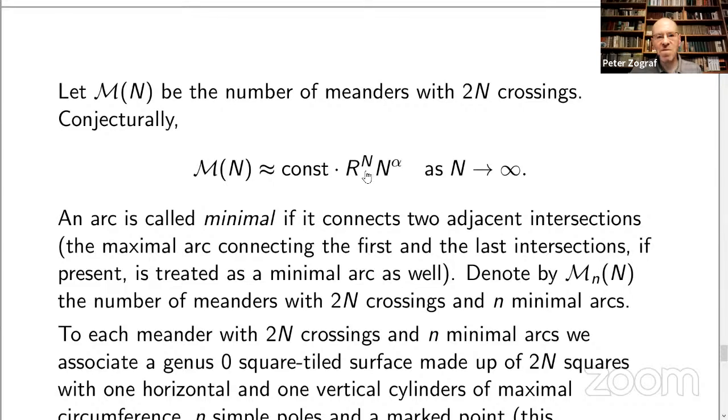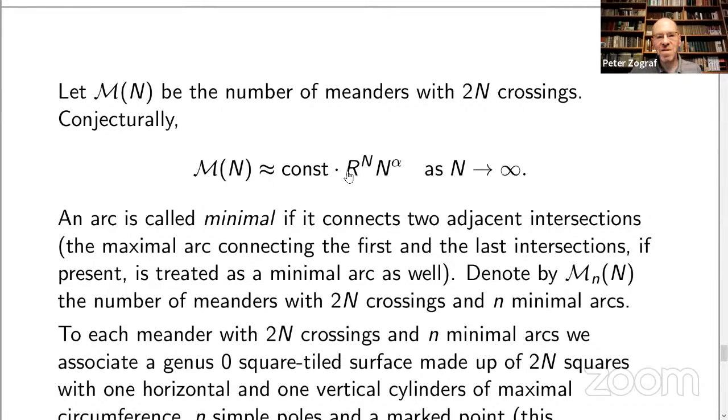So what is known? These numbers M(n) were computed up to n equal to 28, I think.